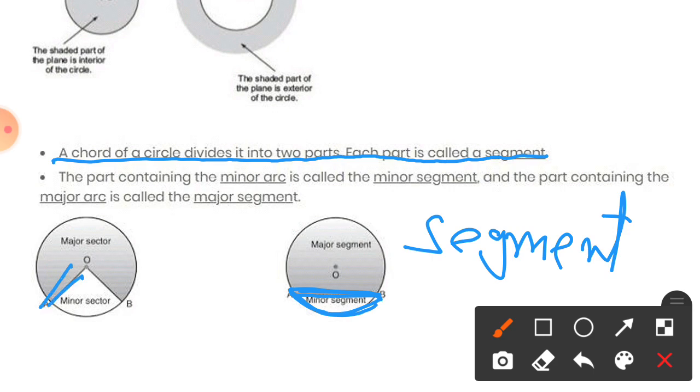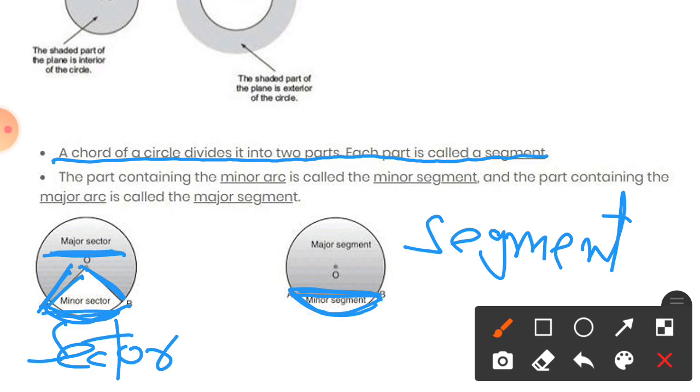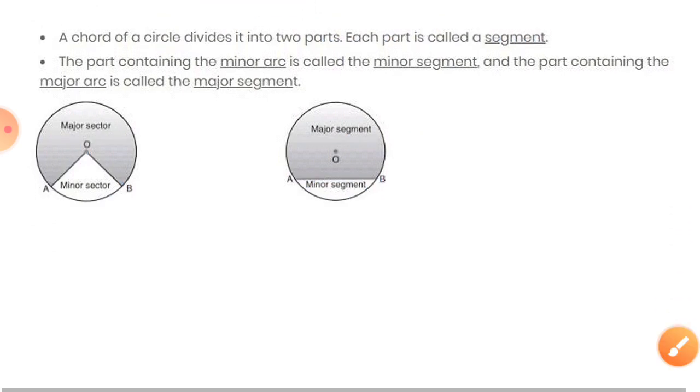And if we discuss the radii and arc, this is called a sector. Correct, students? And there are 2 types of sector, the minor sector and the major sector. Segments also have 2 types, major segment and minor segment. This is also considered a part of a circle.